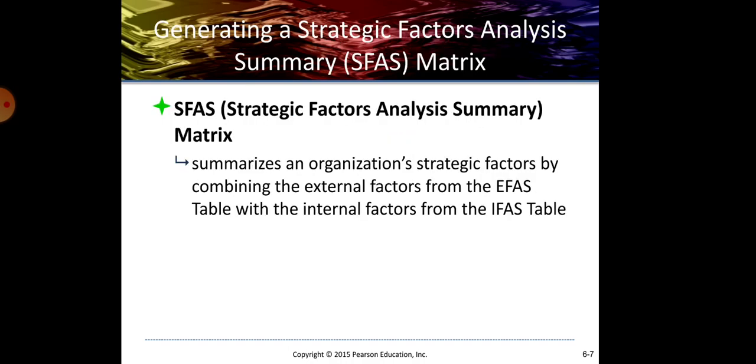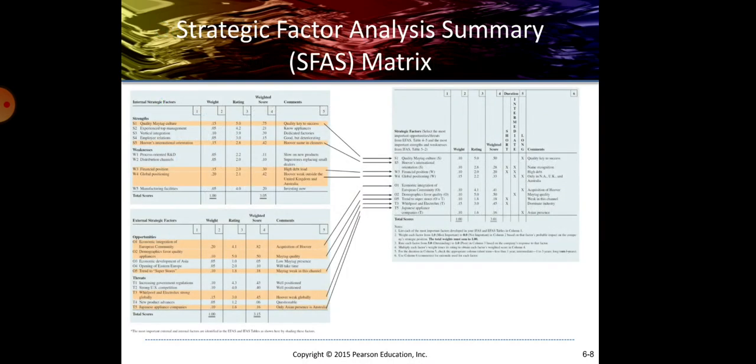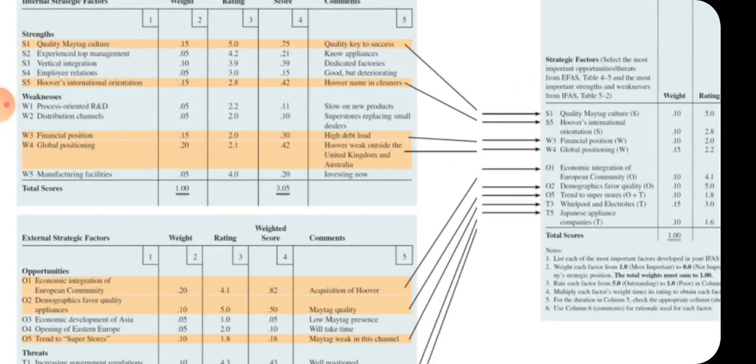Another matrix is the strategic factors analysis summary, SFAS matrix. This summarizes an organization's strategic factors by combining the external factors from the EFAS table with the internal factors from the IFAS table. Let us look at it here.